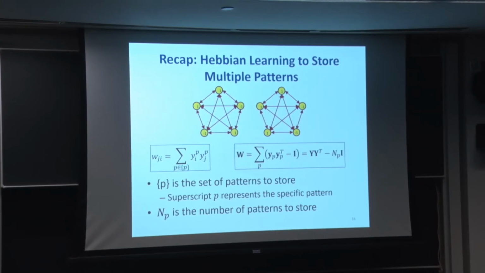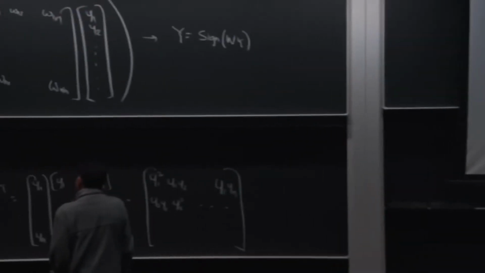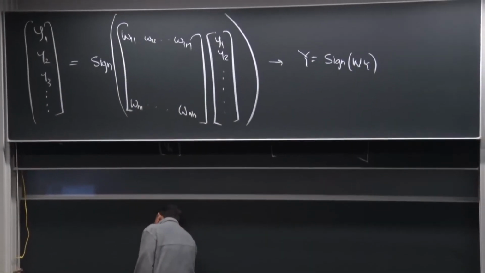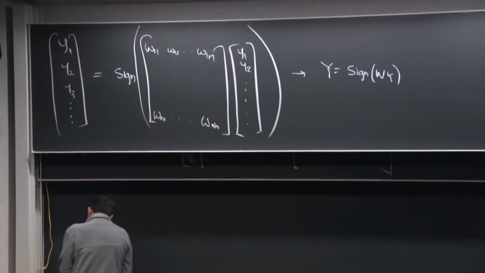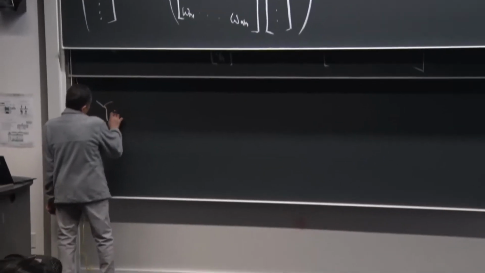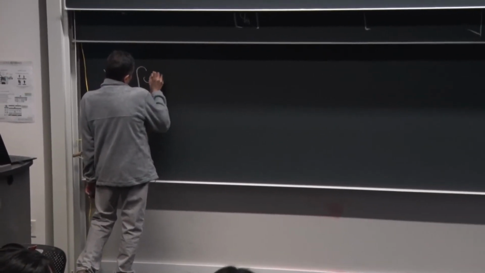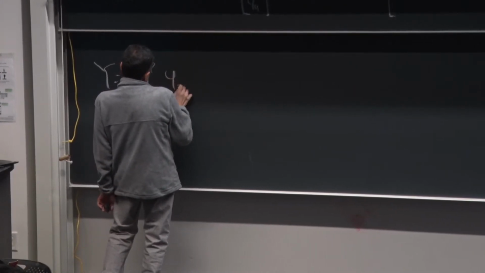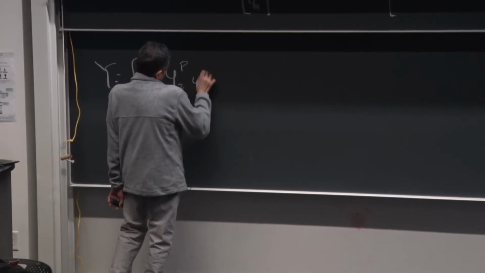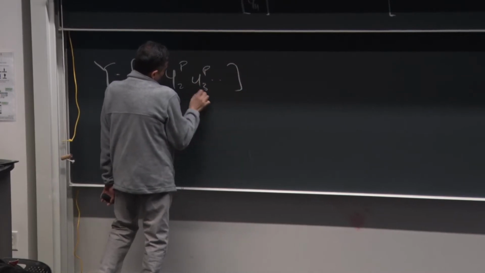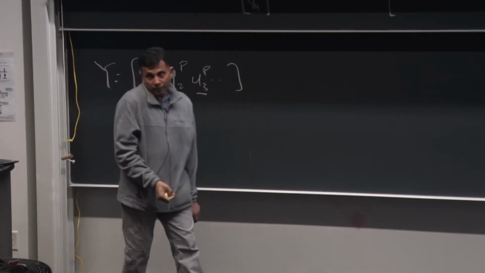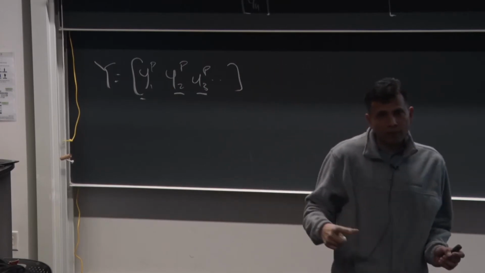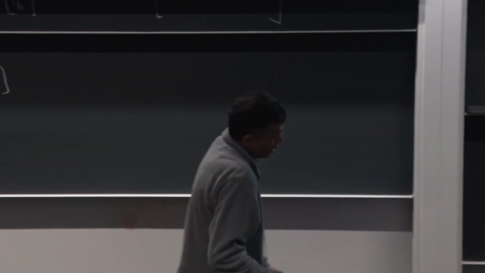And I can also write it differently. If I write a big matrix Y, which is Y1 through YP, these are all the patterns, each of these is a vector. So this big Y is a matrix composed of all of the patterns I want to store.